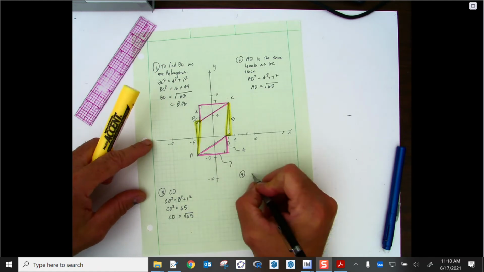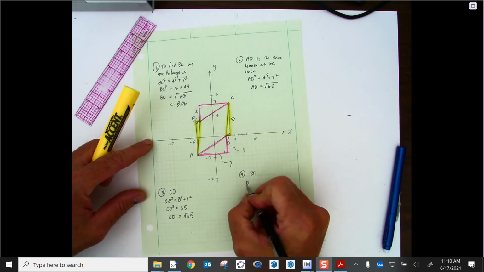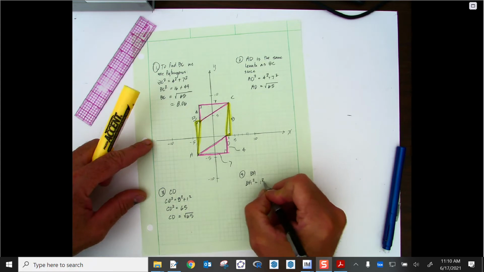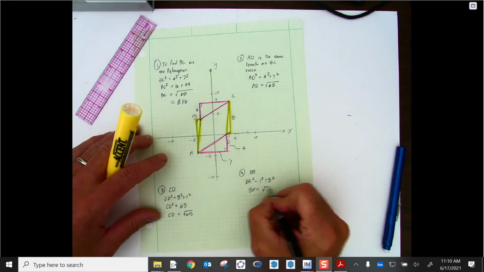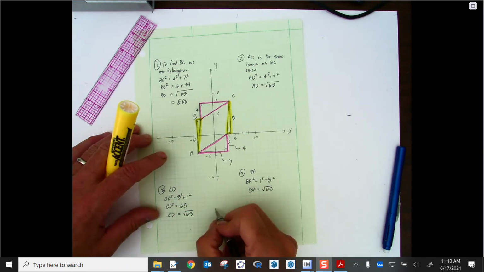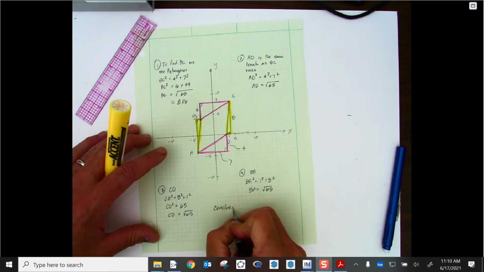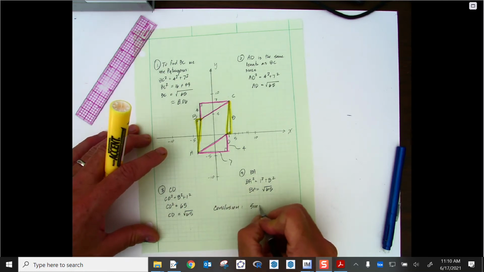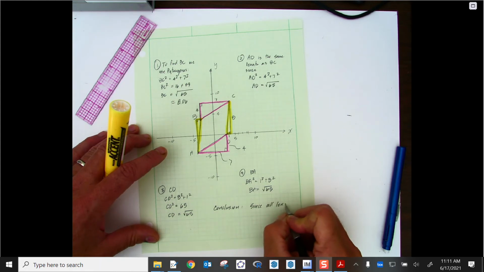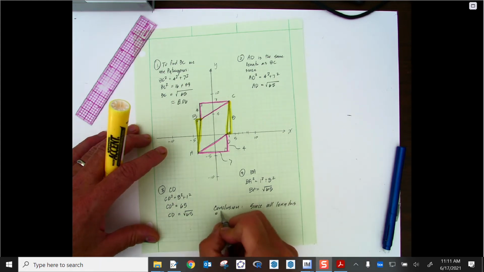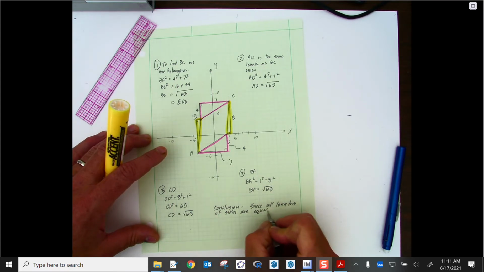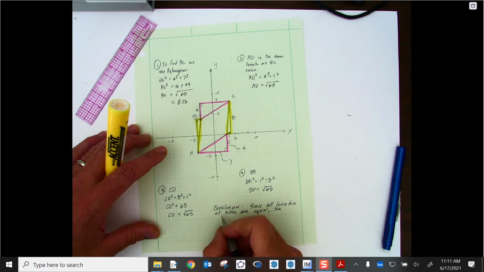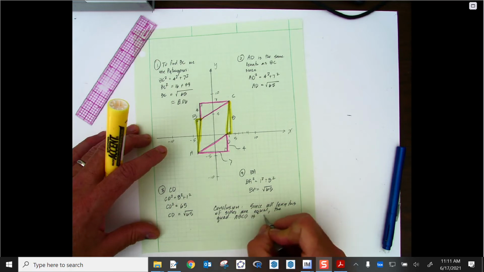So number 4, BA squared is going to have to be 1 squared plus 8 squared, and that makes BA equal to the square root of 65 as well. So conclusion: since all lengths of sides are equal, the quadrilateral ABCD is a rhombus.